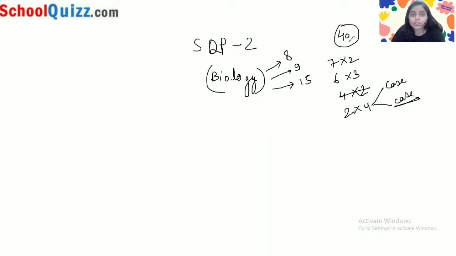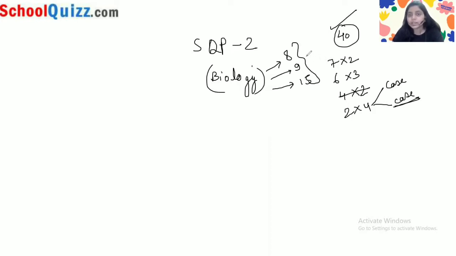So let's start. I prepared this sample question paper based on this marking scheme, and it is totally based on these 3 chapters. So it will be easy for you to revise all the chapters through questions.